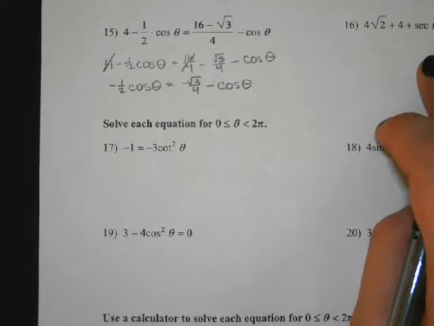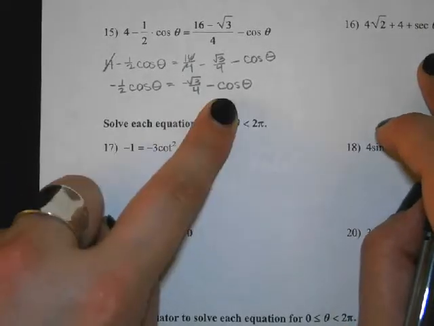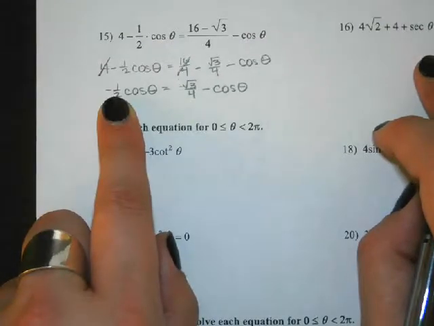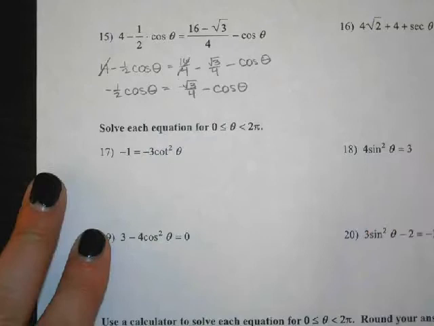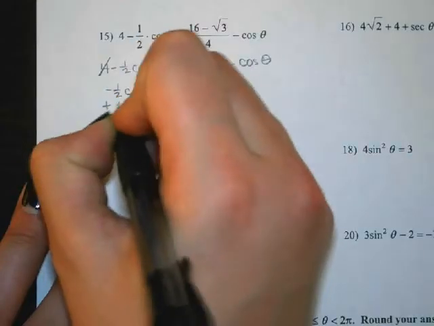So I need all of my coses to be on one side. Okay, so do you want to add half of a cos to the right side? Or do you want to add the whole cos to the left side? The second one? Okay, so I'm going to say plus a whole cos, plus a whole cos.